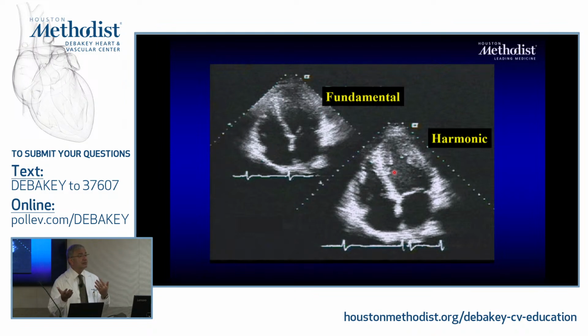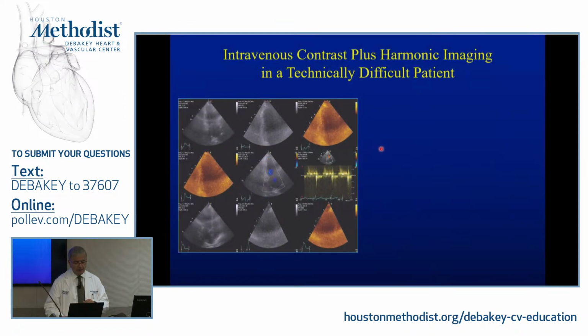But this is a trade-off if you use harmonic, and most people nowadays use harmonic because it's easier, and you don't switch from fundamental to harmonic. So you're sending at a lower frequency, which will give you a lower resolution, with the benefit of less clutter and a clearer image, just like you see right here. Okay? Not a beautiful image. We agree on that.